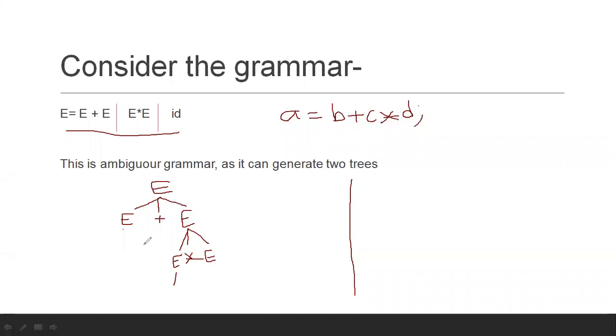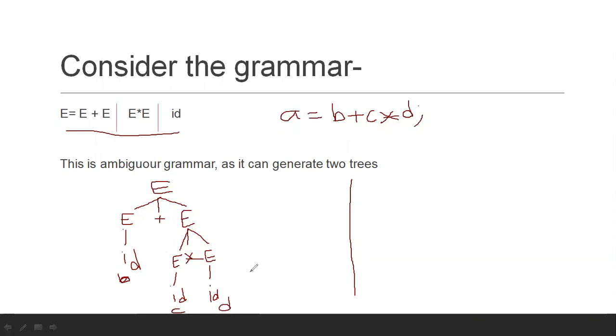So replace each E with ID. This is ID, this is ID, and this is ID. What is ID? ID is A or B or C or D. Now this is B, this is C, this is D.